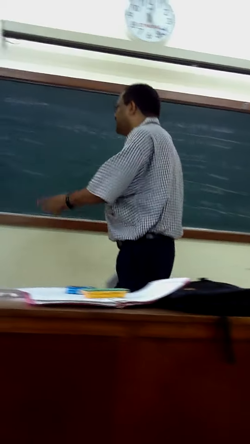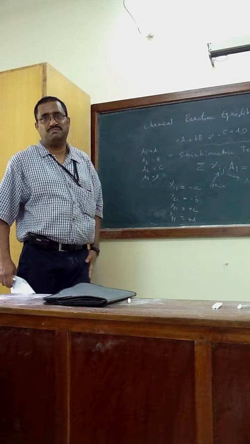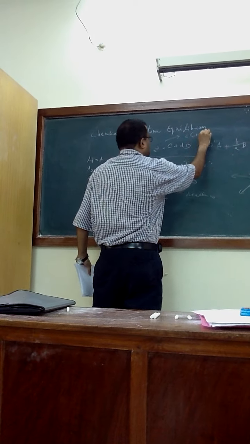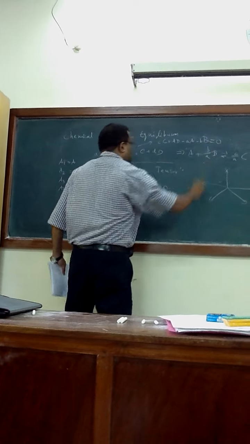So what we say is that this reaction can be expressed as an algebraic equation. The algebraic equation is cC plus dD minus aA minus bB equals 0.